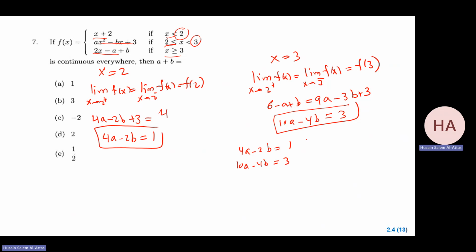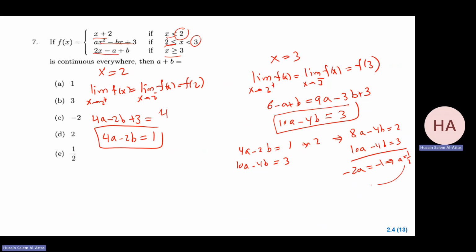You know what? I can multiply this by 2 to get 8a minus 4b equals 2. And I just subtract 10a minus 4b equals 3. If we subtract this, 8a minus 10a, that will be minus 2a. This is cancelled, equal minus 1, so a equal half.